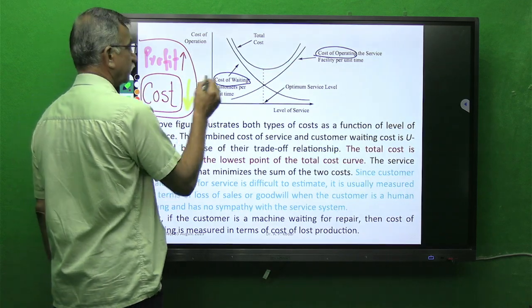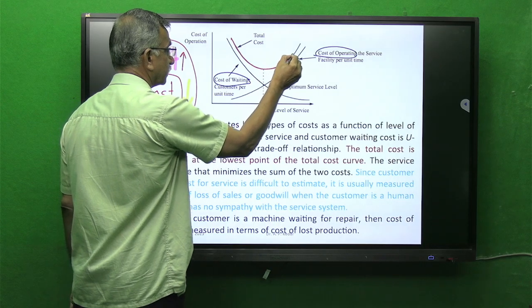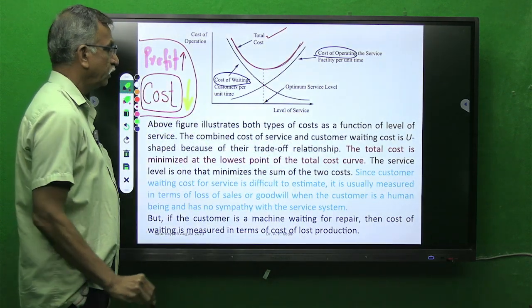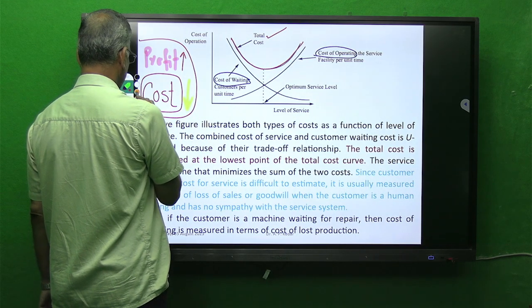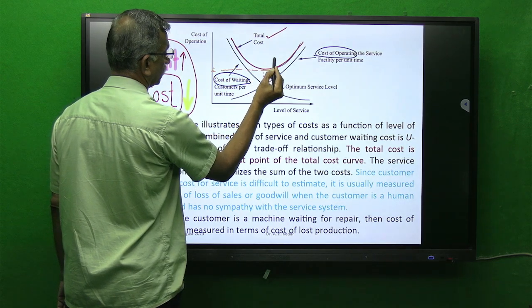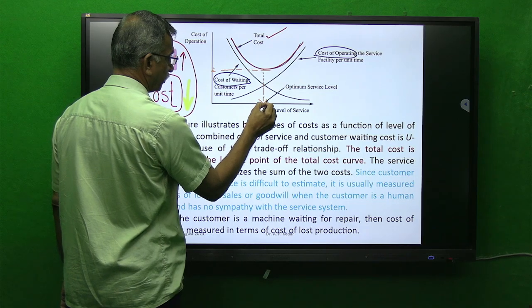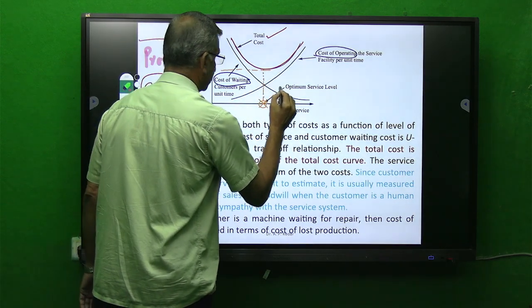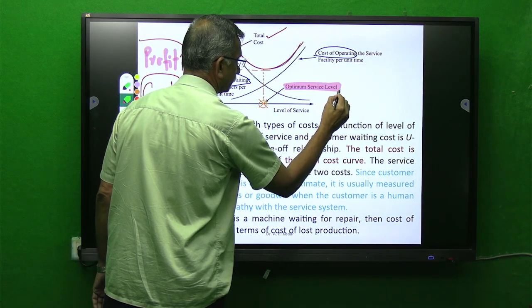We are interested in this curve which takes care of total cost. And you know that if I draw a line parallel tangent to this total curve and drop a perpendicular, so this point is of interest, which gives me the optimum service level.